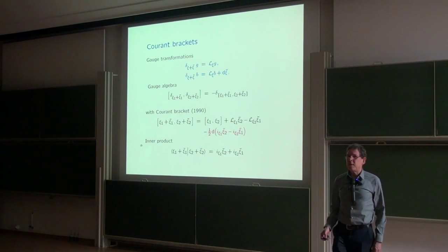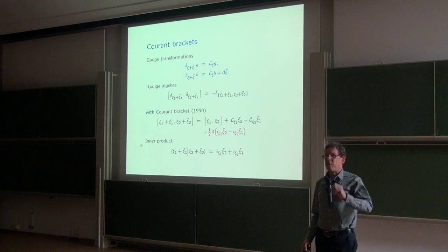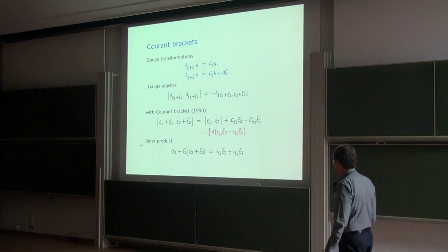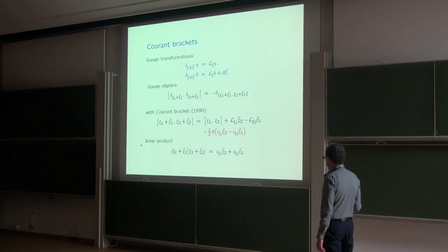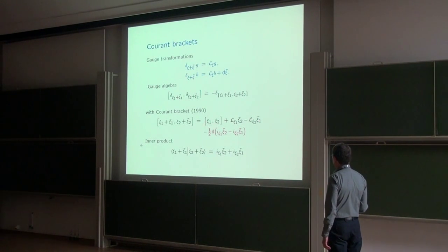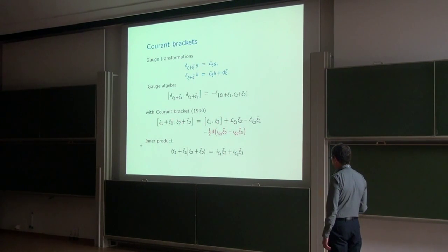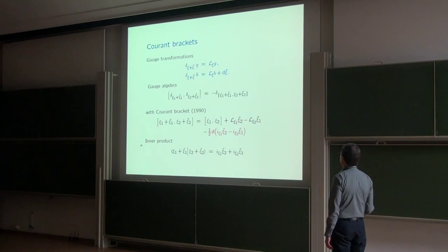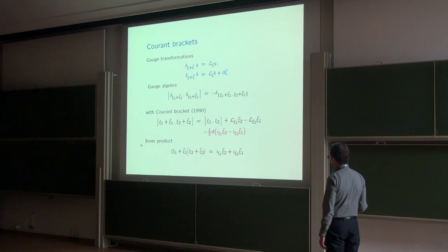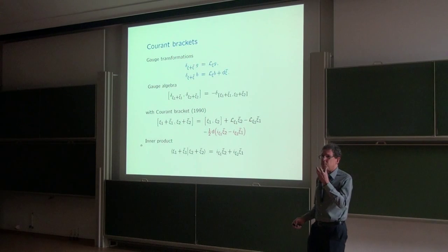Now, if you computed this bracket by yourself without ever having done this calculation, most likely you would end up with the line in black here. Here is the Lie bracket of the two vectors. Here are two vectors and two one forms. Here's the Lie bracket of the two vectors, which is a vector. And here's an antisymmetric combination of Lie derivatives of the one forms, which is a one form. So it's just the bracket of a vector plus a one form, and we just put them together.